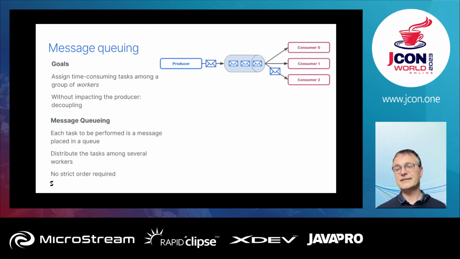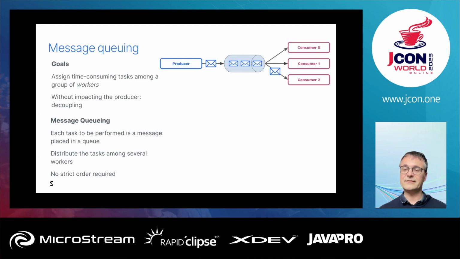To do that, you can set up a work queue. This queue contains messages from the producers, and each of these messages is a task to be performed by consumers. So you don't need to perform these tasks in a strict order. For example, if the task consists in pushing notifications to Alice and Bob's phones, it doesn't matter if I notify Alice or Bob first, right?